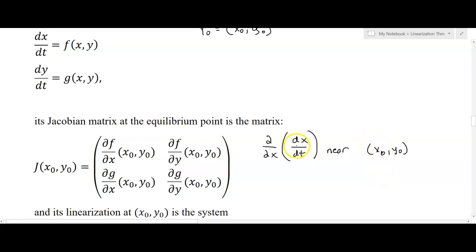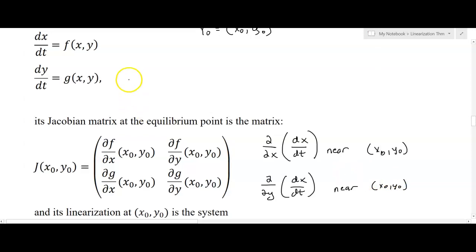And so, for example, if the slope is changing by 4, then that allows me to linearize that coefficient to say the slope dx/dt is changing by 4 units when you're very, very close to that equilibrium point. df/dy is the same thing as saying, when you change y a little bit near your equilibrium point, how does dx/dt change? And so again, you're going to get a numerical value that represents the slope near the equilibrium point.